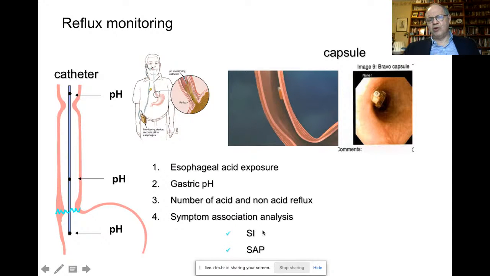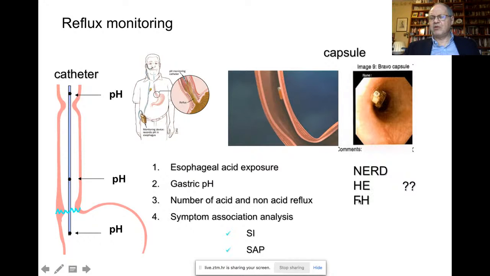Generally, we use two algorithms, the symptom index and the symptom association probability. Using all this, the aim of reflux monitoring in a subject is to identify the phenotype. Is this a patient with true NERD? Is this a patient with hypersensitive esophagus?